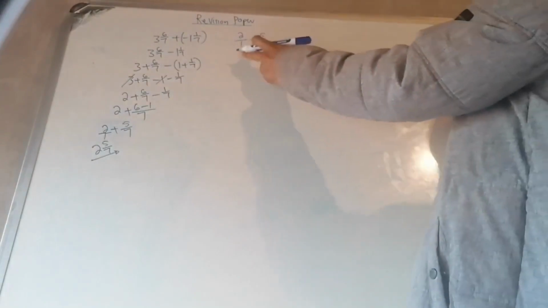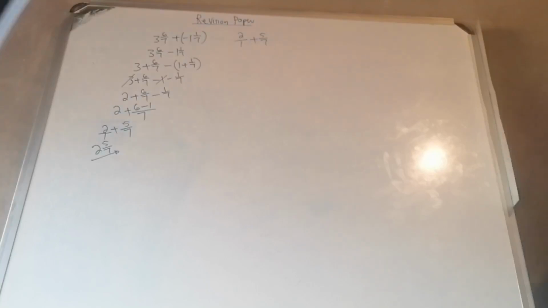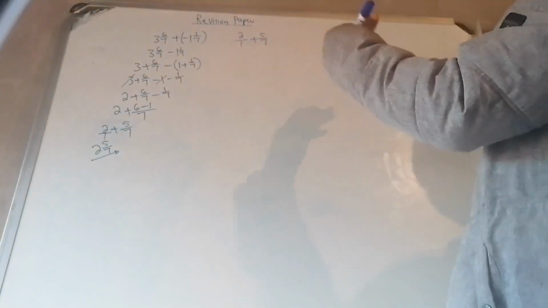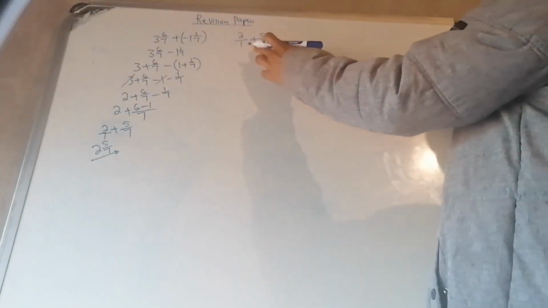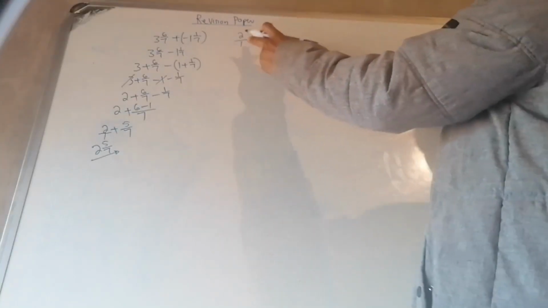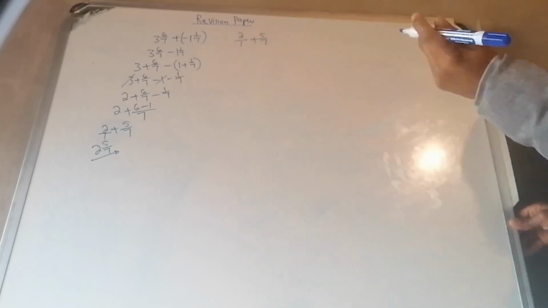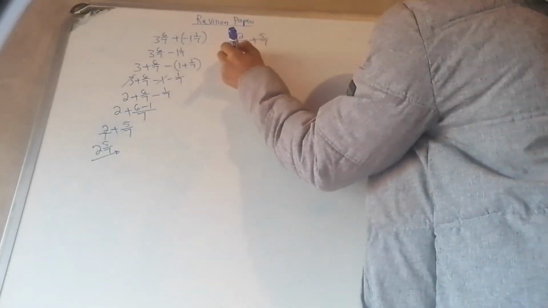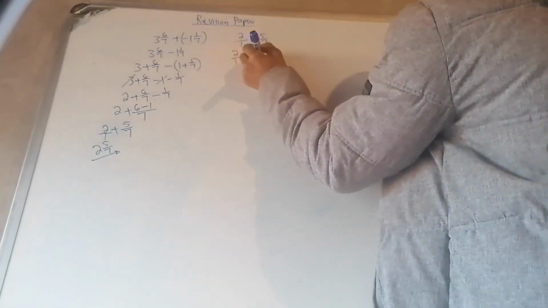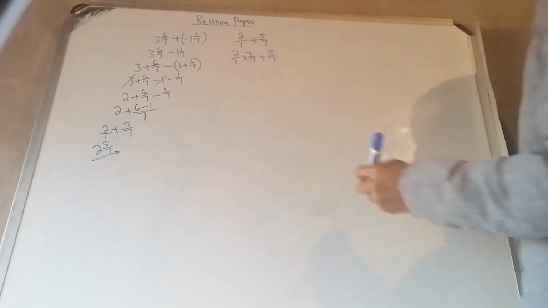The denominator here is 1 and here it is 7. I want to write the denominator as 7 on both the left and the right, so I will have to multiply this by 7 over 7. So you go to 2 over 1 multiplied by 7 over 7 plus 5 over 7.